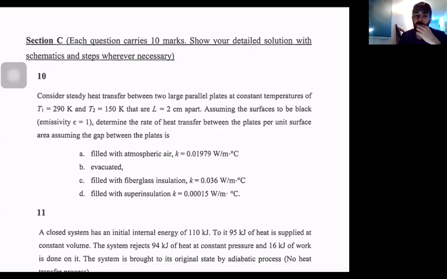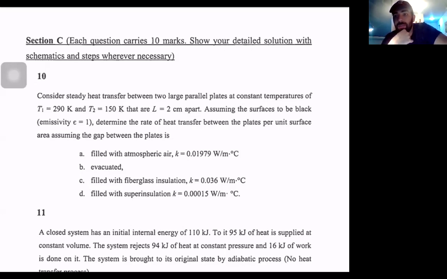If you pay attention, for the first two cases where we have air or the evacuation, in both cases we have radiation, because when we have air or when there is no material or substance in between, radiation can occur without the need for any medium in between.